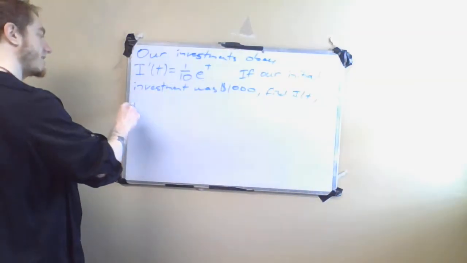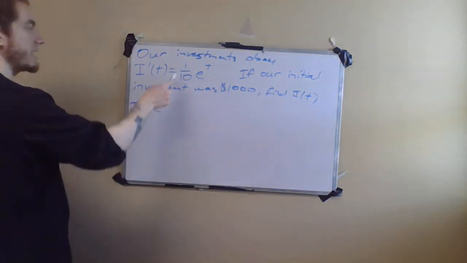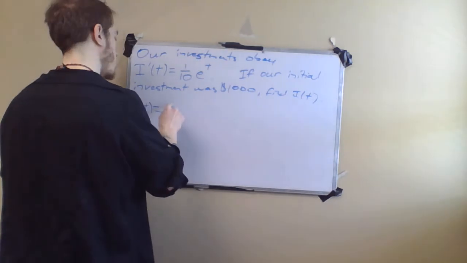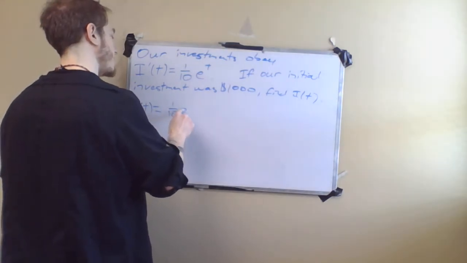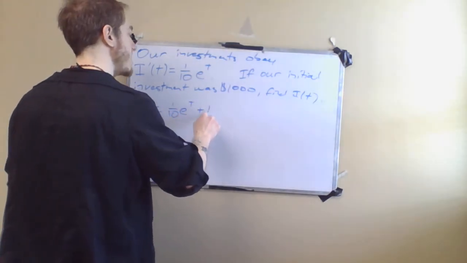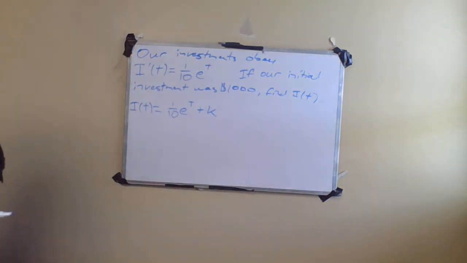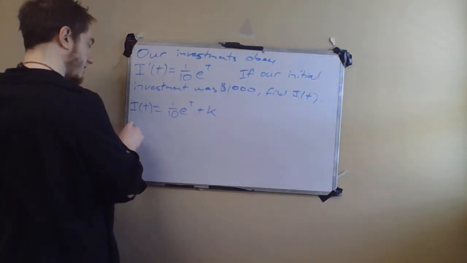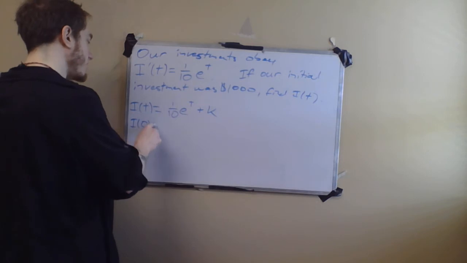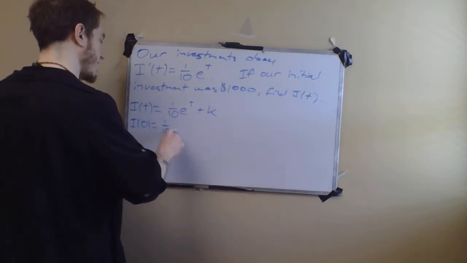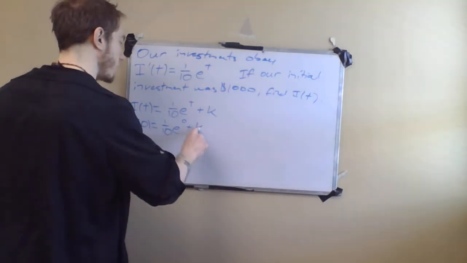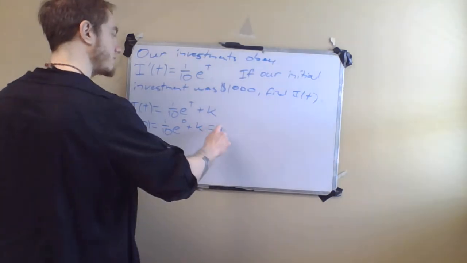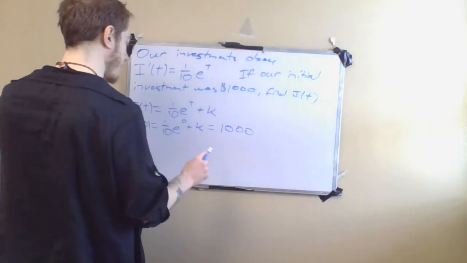Well, the answer is that I of t is going to be an antiderivative here. So it's going to be 1/10 e to the t plus some sort of a constant. And then we're going to say, well, I of 0 is equal to 1/10 e to the 0 plus k, but it's also equal to $1,000.